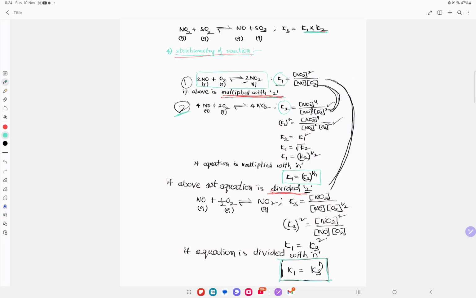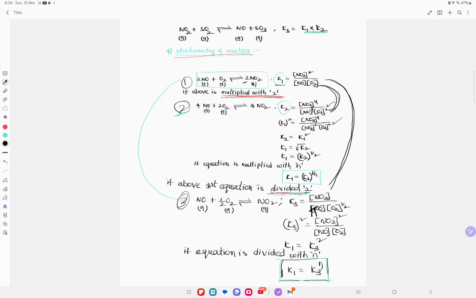Okay, right. If the above equation is divided by 2, then what happens? Look, this third equation appears as the first equation divided by 2. ఫస్ట్ ఈక్వేషన్ 2తో డివైడ్ చేస్తే థర్డ్ ఈక్వేషన్ వచ్చింది.